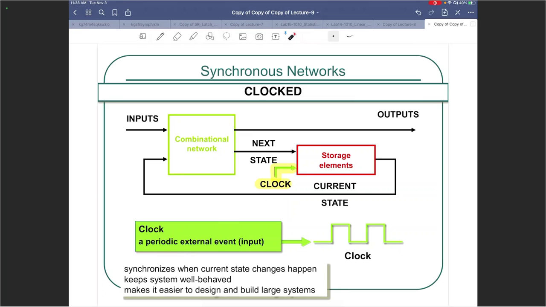So if you want everybody to follow a particular timing pattern, then you need one master clock, and that clock is what we are using here to control when the output of a flip-flop can change, or when the output of our storage elements can change.